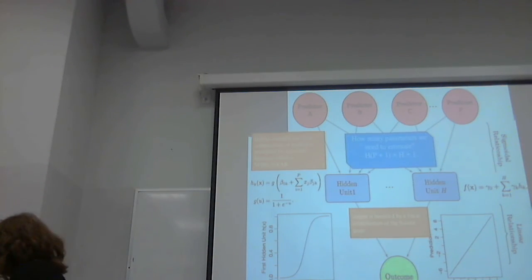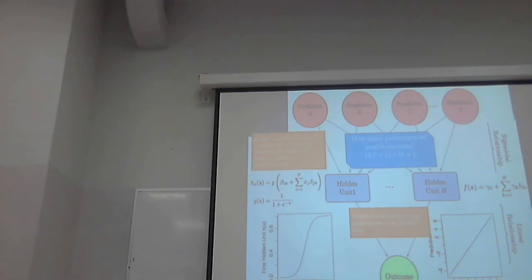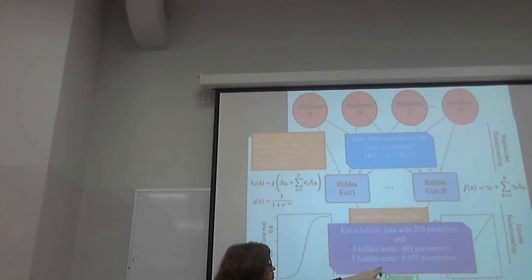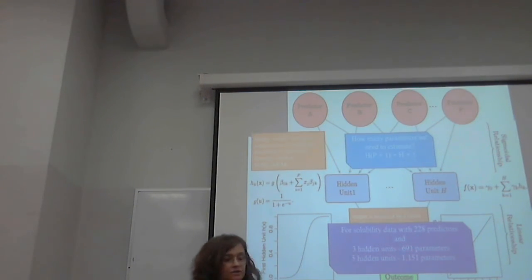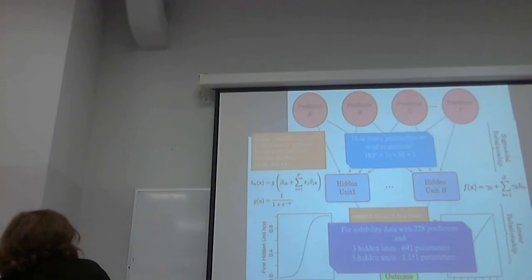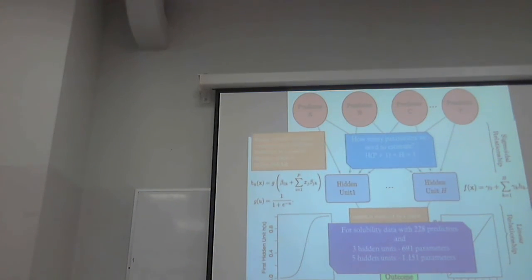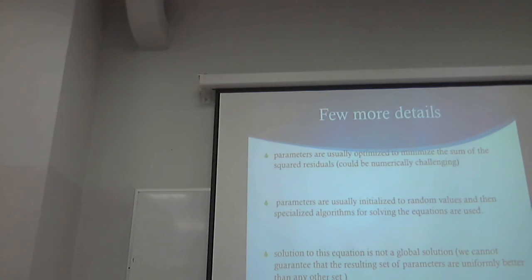Say we have 220 predictors, then we have, depending on hidden neurons, like 10. Here is the number. So for the solubility data, with 3 hidden units you have to calculate, say, 191 parameters. With 5 hidden units, you already have to calculate 1,151 parameters at each iteration.